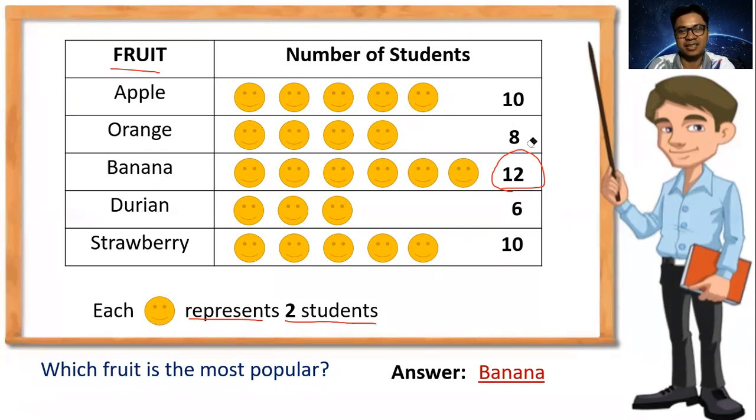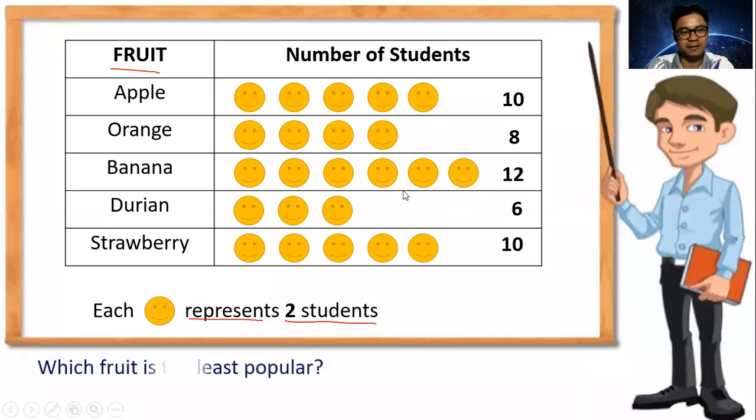Next, which fruit is the least popular? Meaning only few students like this fruit. Which fruit? Yes, it's correct. It's durian, because durian has only 6 students.